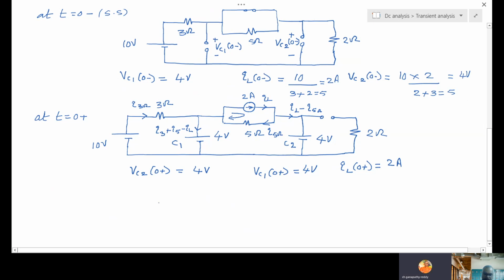So what is this mesh equation? L dIL by dt plus 5 ohms into I5 equal to 0.